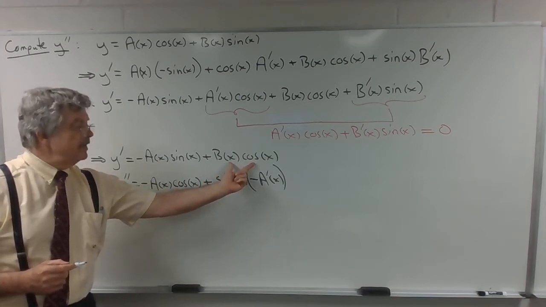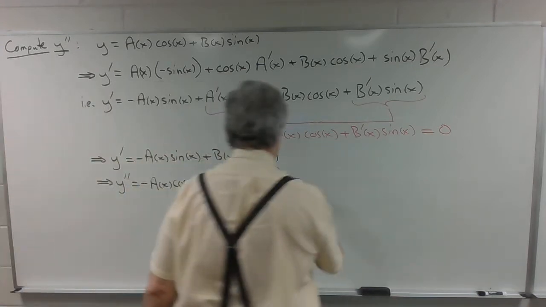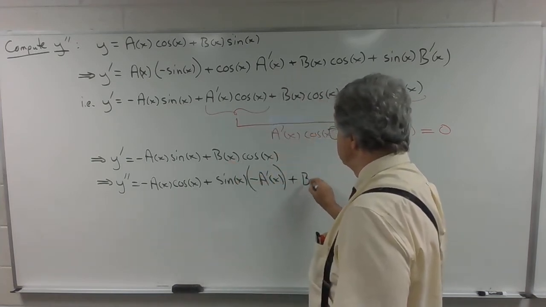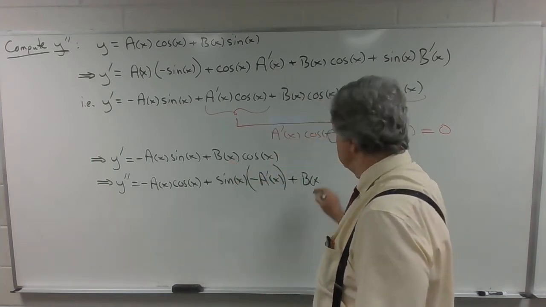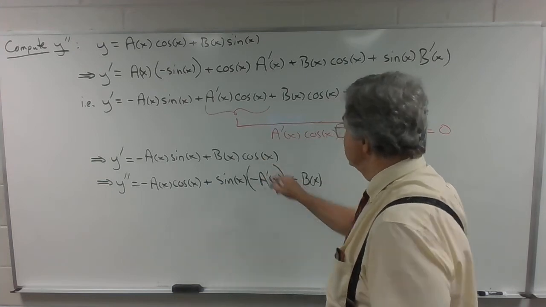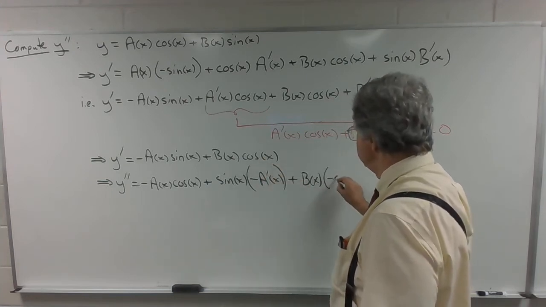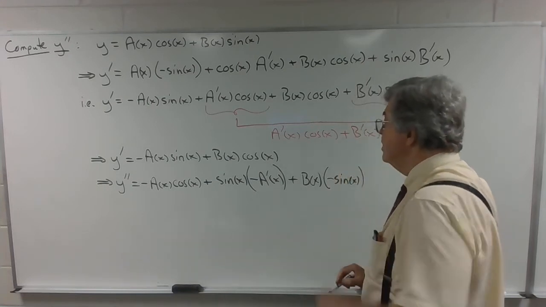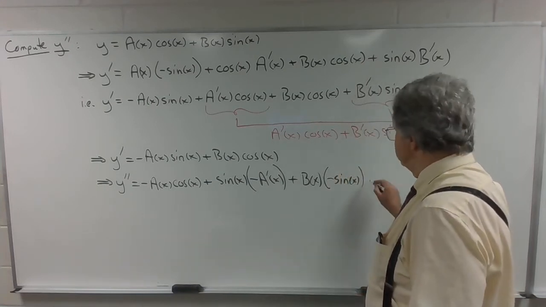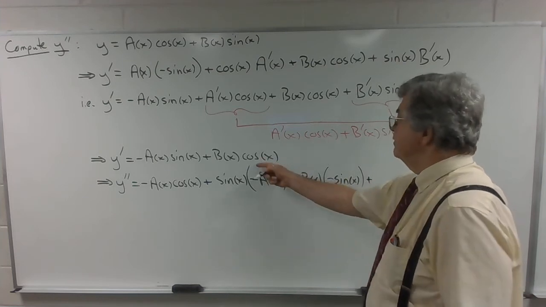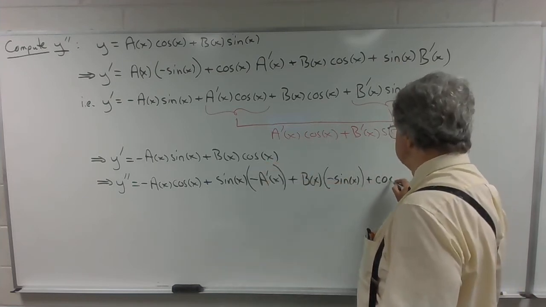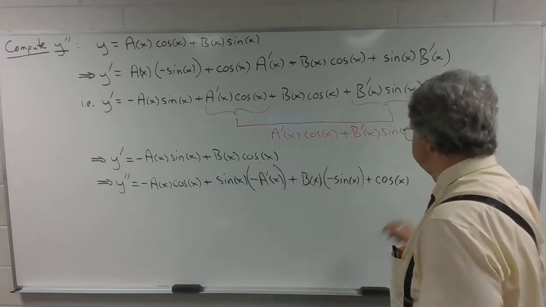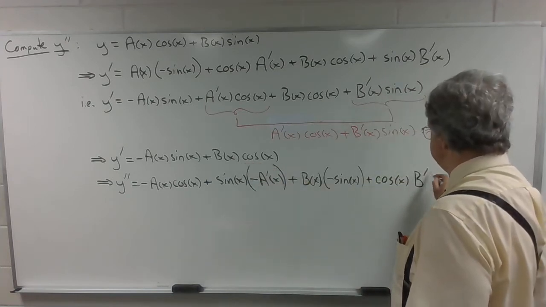Now we got to do the same thing over here. First, b of x times derivative of the second, so that's negative sine of x, plus the second, cosine of x, times derivative of the first, b prime.